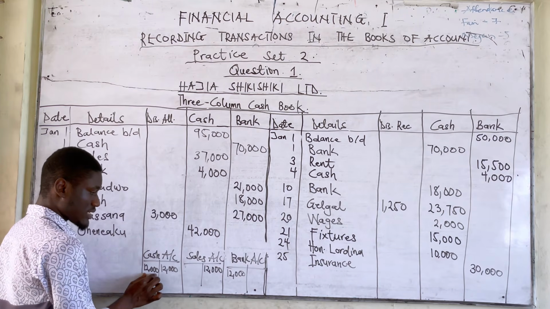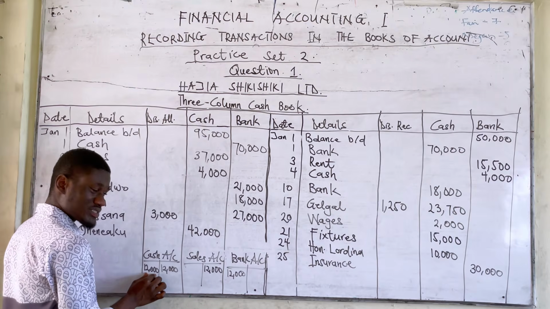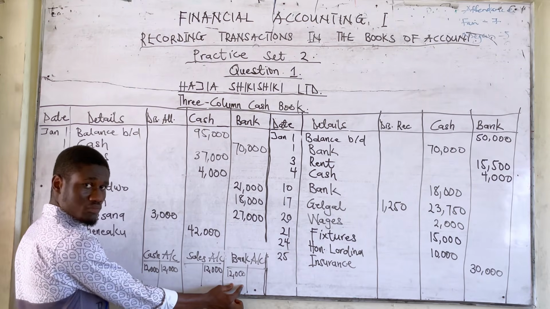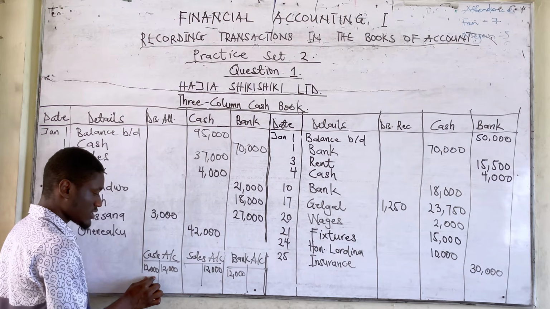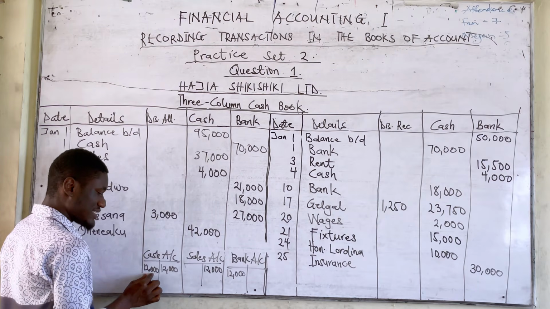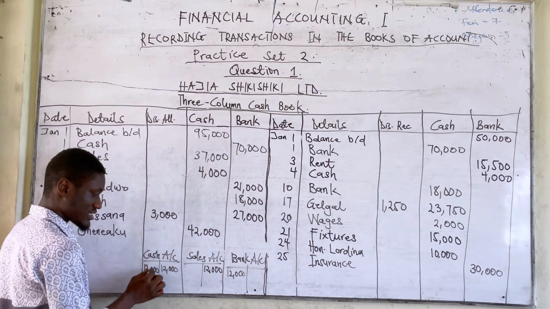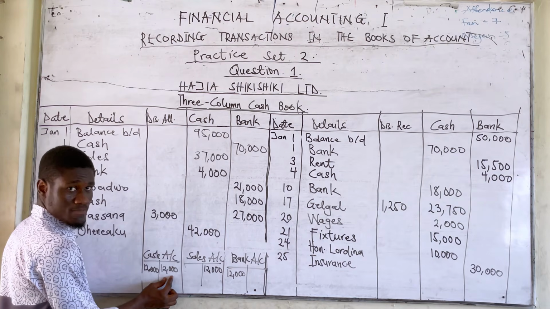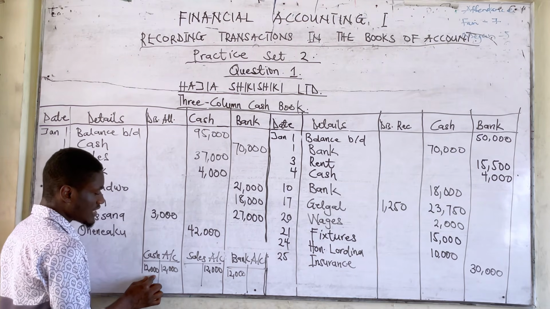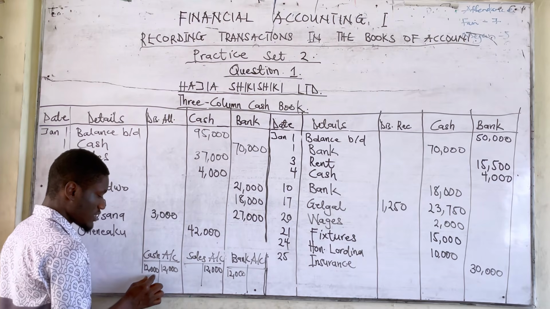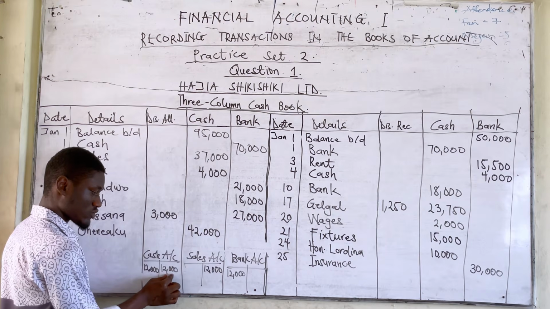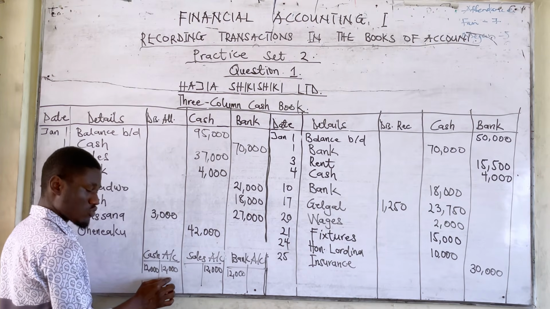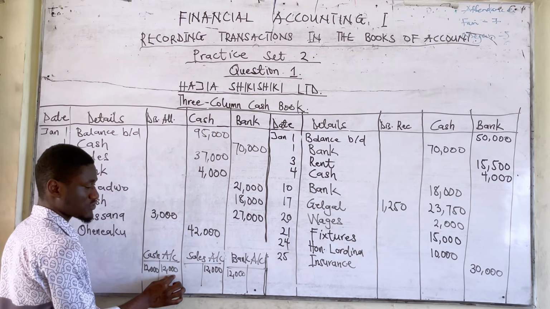Now we've used this same 12,000, we've deposited this same 12,000 into the bank. So our cash account is going to decrease by 12,000, and decrease in cash, which is an asset, we are going to credit. Do you get it? So credit that same 12,000 because when it increased, we debited. Now it is decreasing because that same 12,000 has been banked. There's no more cash on us. So we are going to credit.